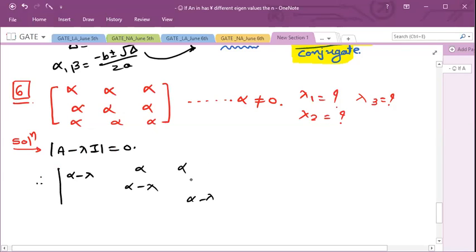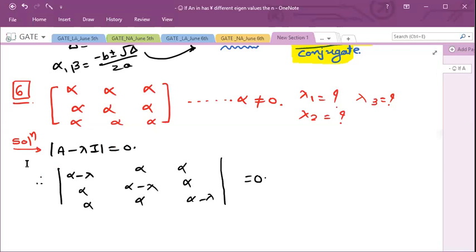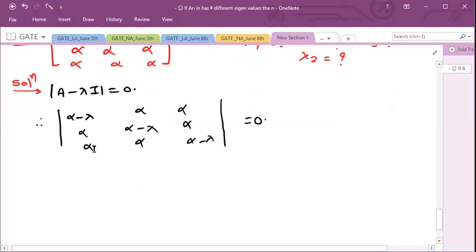The rest are alpha, alpha, alpha, alpha, alpha, alpha, equal to 0. Before finding this solution, can I simplify this? Definitely, if I open this determinant directly, it will be difficult. So how can I simplify it? With any value of alpha, can I make the other two alpha 0?